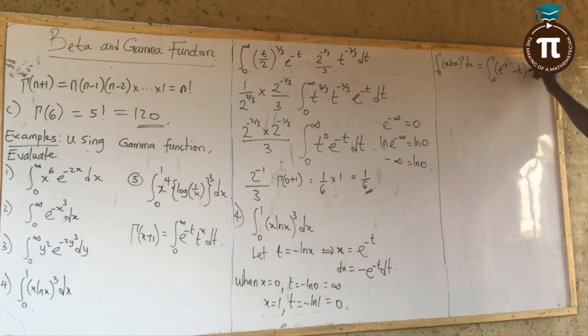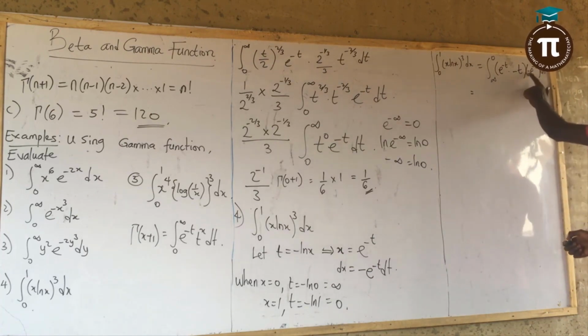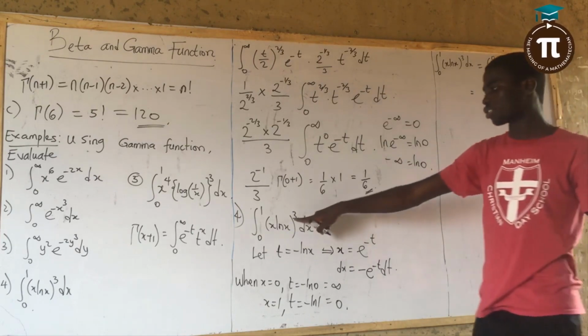That's another multiplication, multiplied by minus e raised to power minus t dt. Of course, minus t is all raised to power 3.